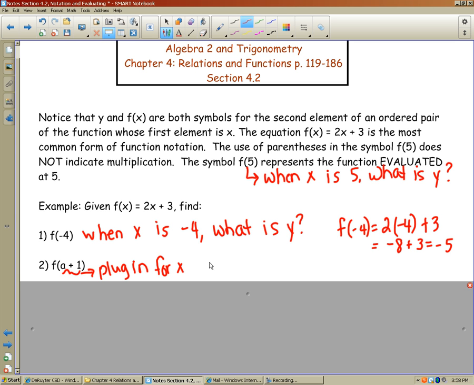Now we're going to have 2, no longer x, we're going to plug in whatever it says to plug in, a plus 1, plus 3. Now we can distribute: 2a plus 2 plus 3, and simplify: 2a plus 5.